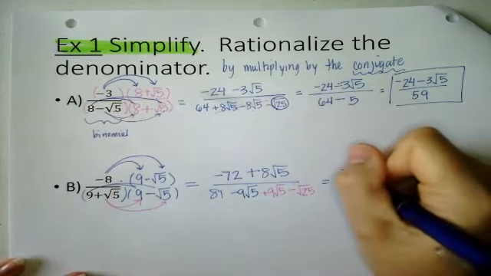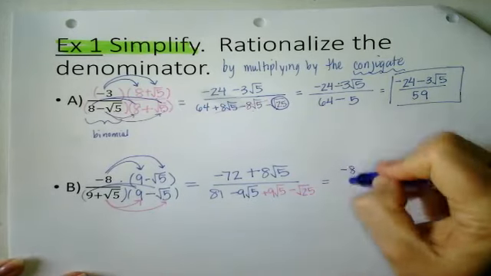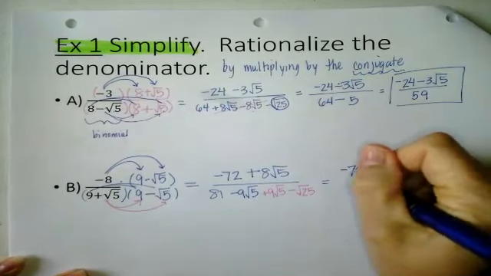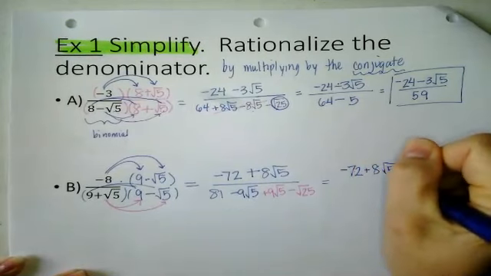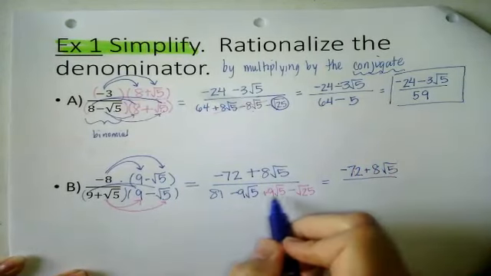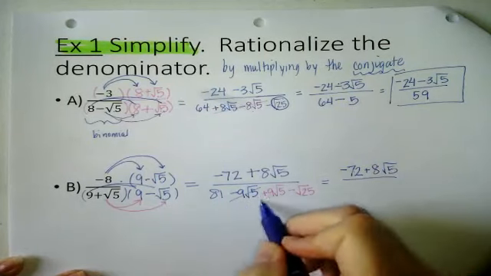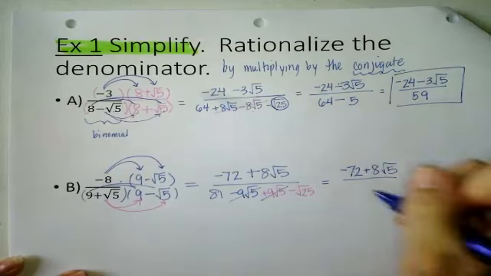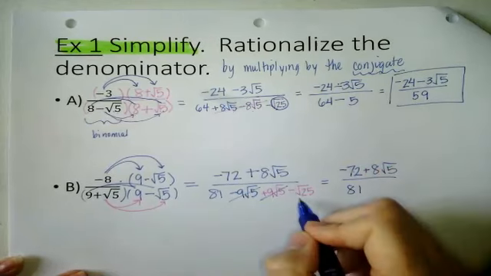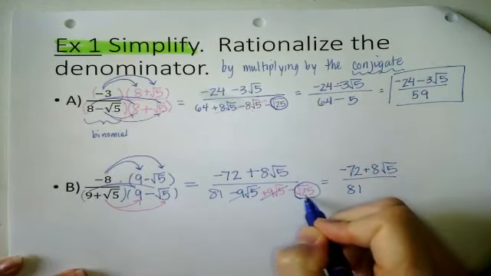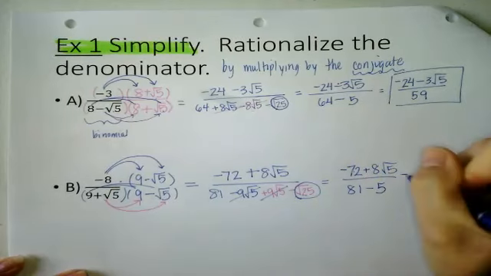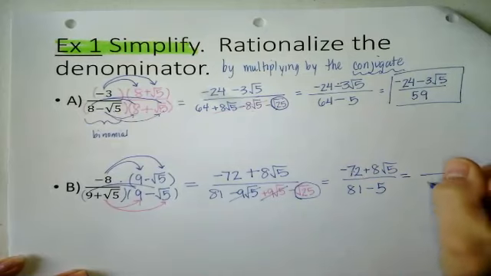My numerator stays the same: negative 72 plus 8 radical 5. Again, in the denominator, negative 9 radical 5 and positive 9 radical 5 make 0. Nice. And then we have 81, and we have a negative square root of 25, so negative 5. And 81 minus 5 is 76.